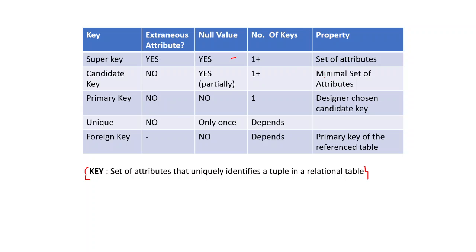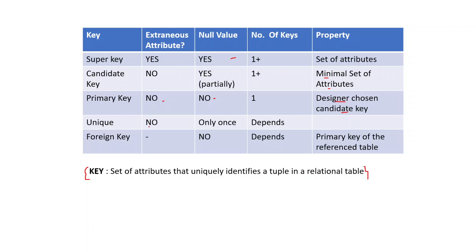And of course, it is a minimal set of attributes: if you remove one of those attributes, the key will no longer be a candidate key. Next, we have the primary key, which of course does not contain any extraneous attribute. It cannot have any null value, and there is only one primary key per table, chosen by the designer. So it is a candidate key which is chosen by a designer.